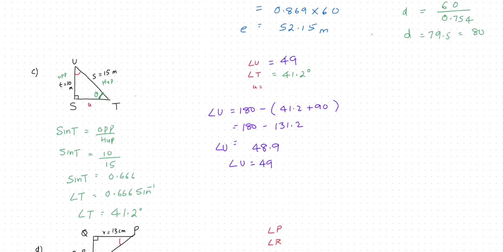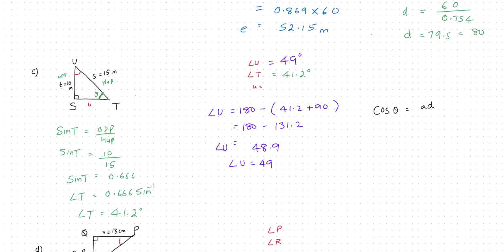So now one of the sides, side U, is left. So now we know angle T is 41.2. So U is adjacent and hypotenuse, you can use adjacent and hypotenuse. So cosine theta equals adjacent upon hypotenuse.